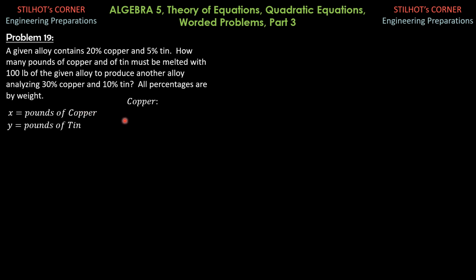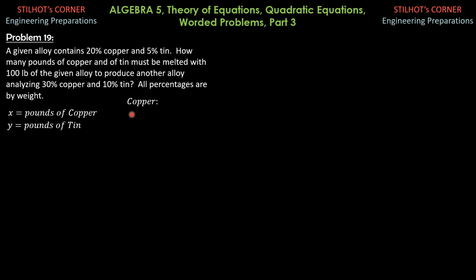So for the copper, we equate the pure amount of copper from the original alloy, added by X pounds of copper, in order to get 30% copper. And the total amount would be 100 plus X plus Y, because the original alloy also has tin in it.